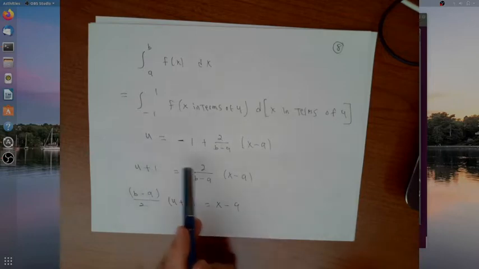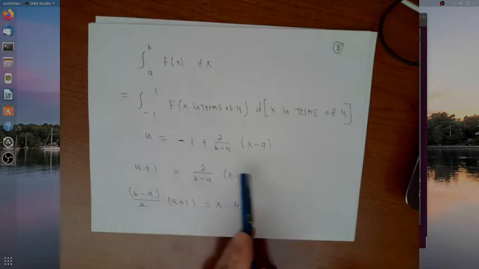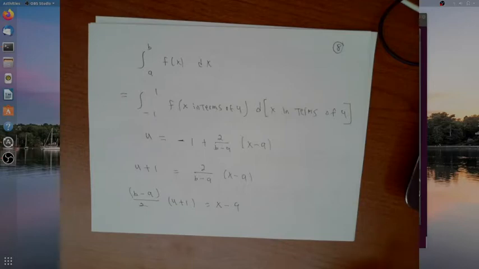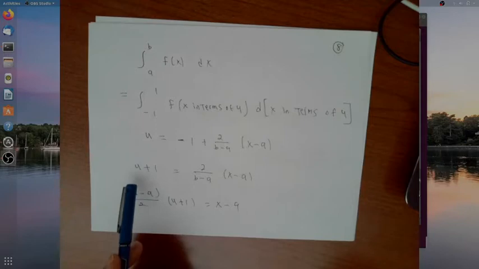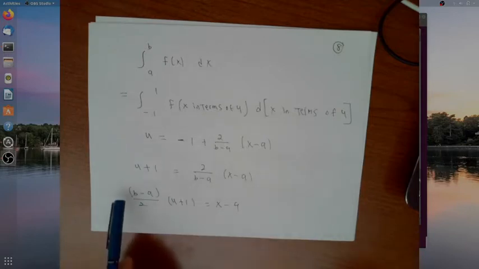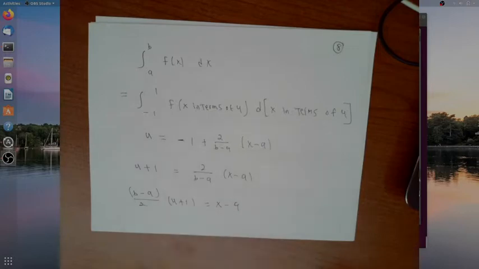Because u is negative 1 plus a constant times x minus another constant, it's not going to be very difficult to get a formula for x in terms of u. Firstly, add 1 to both sides, then multiply both sides by b minus a and divide both sides by 2. This leaves the x minus a by itself.